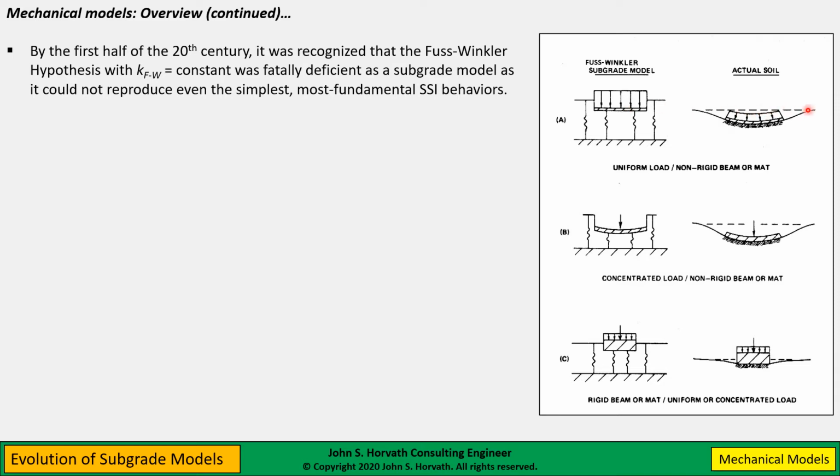Well, you get settlement outside the loaded area. Although it's not shown here, it says you get a uniform bearing stress or subgrade reaction. Well, you don't get that. So we've known for a long time, this is not new, that a constant coefficient of subgrade reaction is simply incorrect. Has it stopped people from assuming that? Absolutely not. It's just been dead wrong, and we've known that for a very long time.